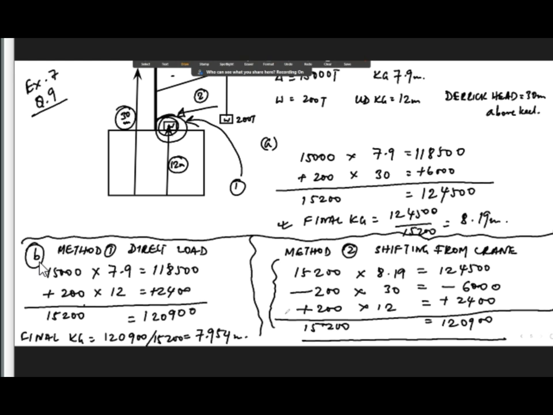Now whether I'm going to use my derrick, whether I'm going to use somebody else's derrick, doesn't matter, because at the end of the day it is going to end up on the upper deck.